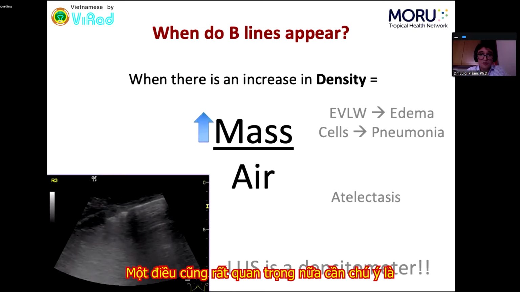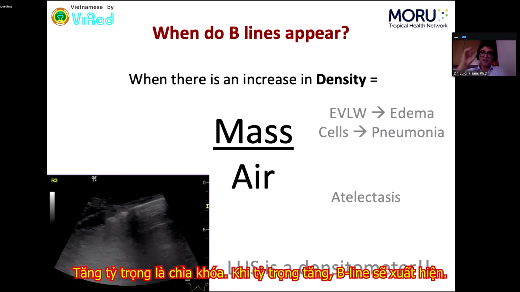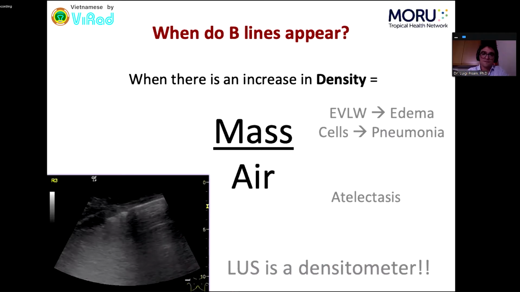It is very important to remember that a B-line will always appear when there is an increase in density. Density is the keyword. If density increases, B-lines will appear. This is a very important concept. It's not only interstitial fluid and pulmonary edema that causes B-lines to appear.